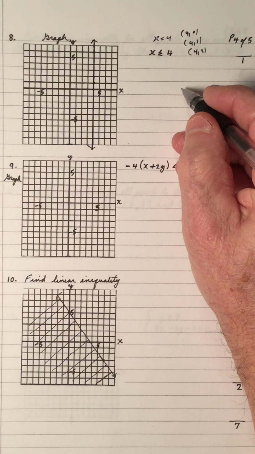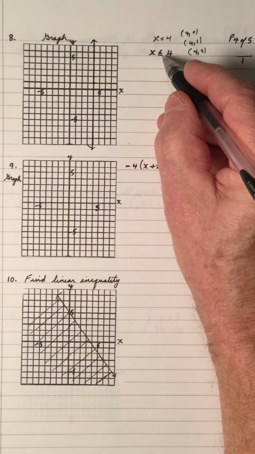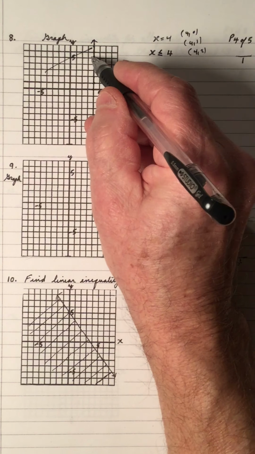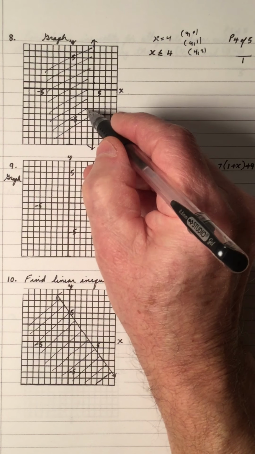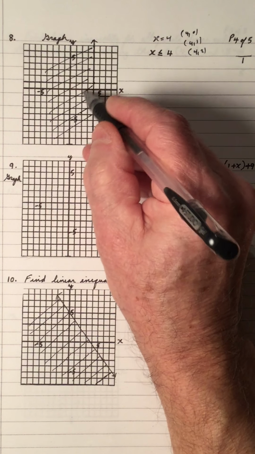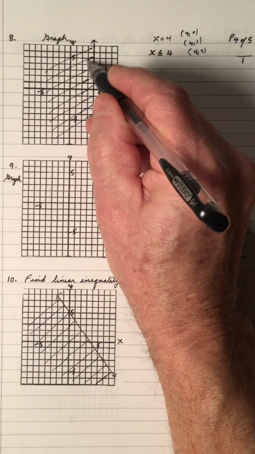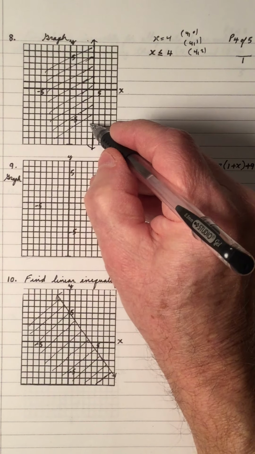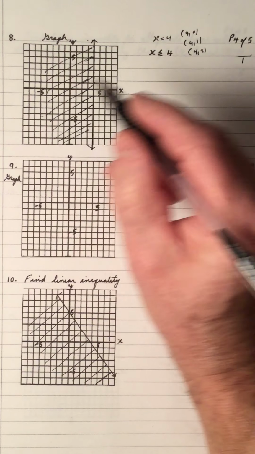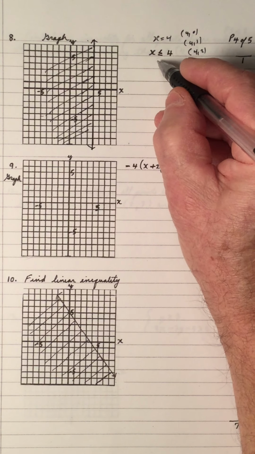And we have less than is to the left. Start at the line. So all the points on this line fit this inequality, and all points to the left fit this inequality. So there's the graph.